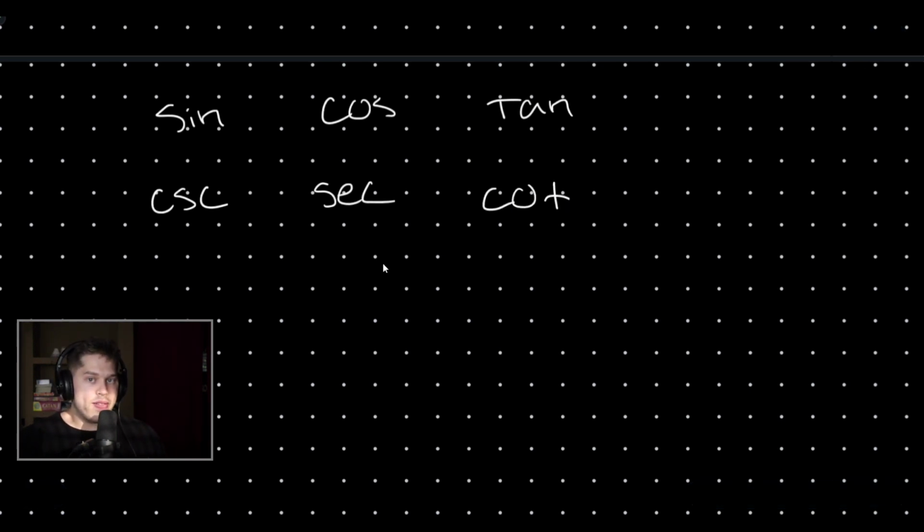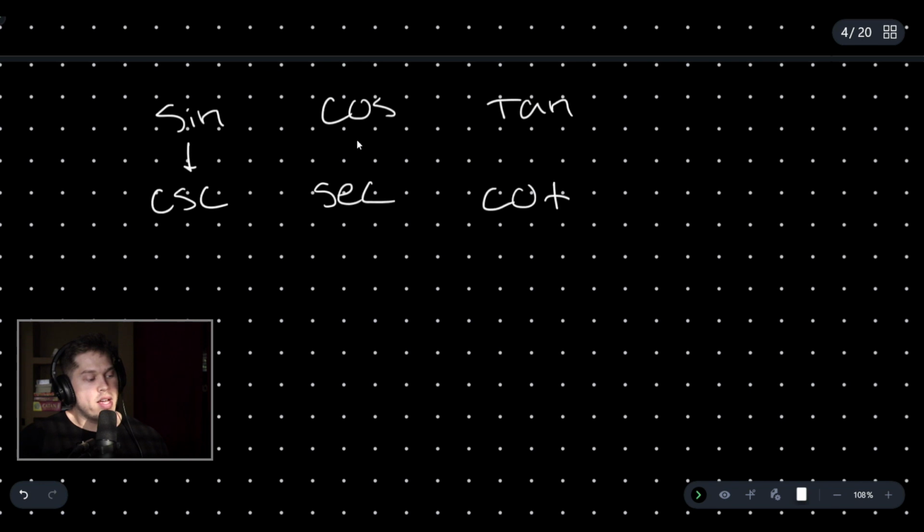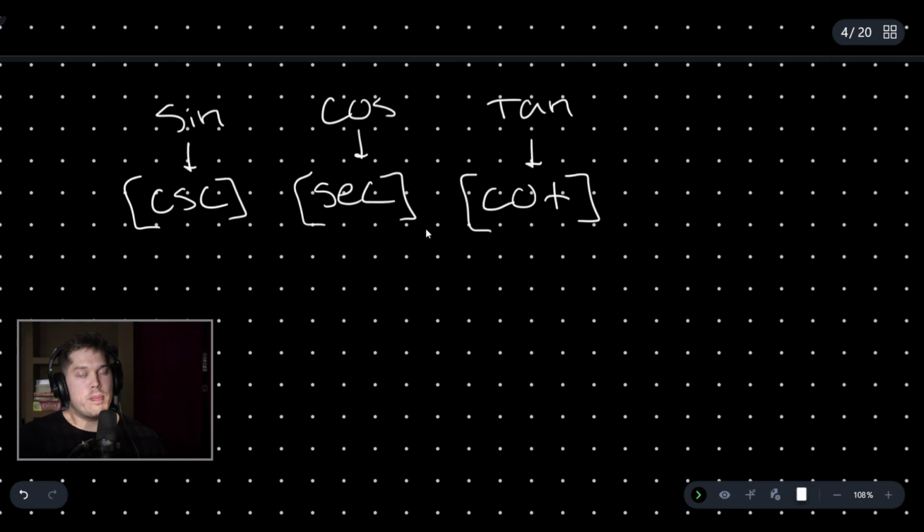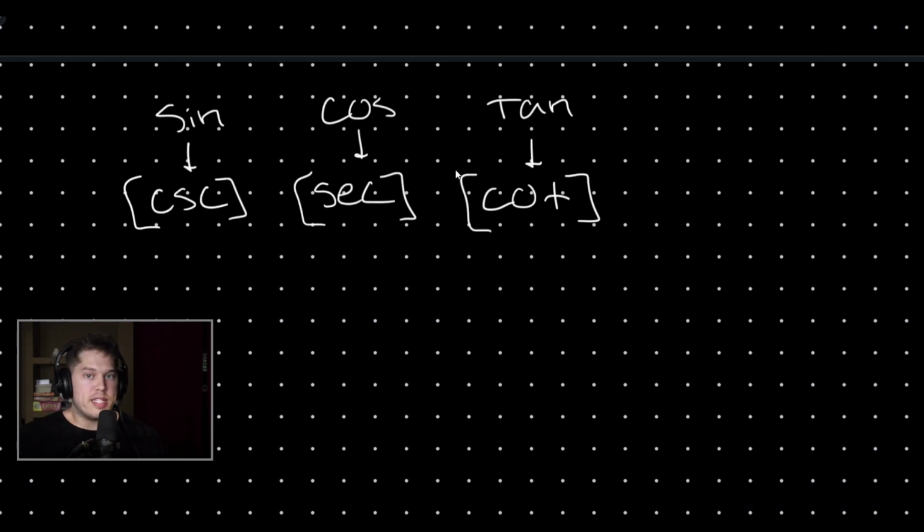Now, I wrote them in this order because it's important to know the relationship between sine and cosecant, cosine and secant, and tangent and cotangent. These 3 trigonometric functions that I'm telling you about now, they are the reciprocals of the respective trigonometric function above them.